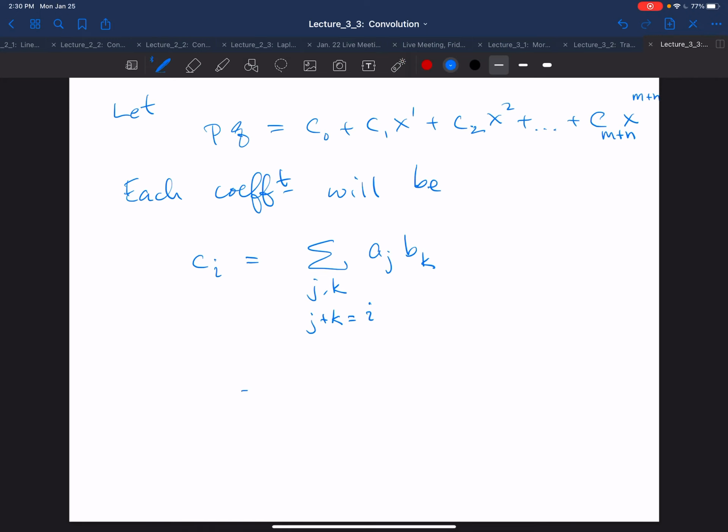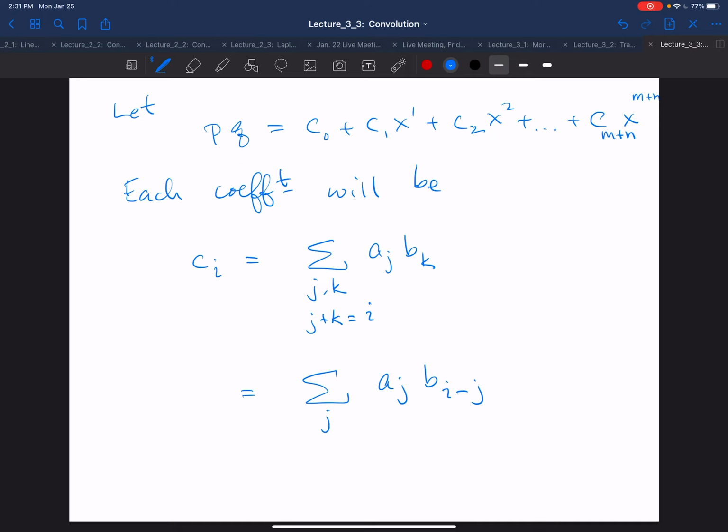We could rewrite this sum a little more neatly. If we're summing over j, for instance, then we really only want to consider values k for which j plus k equals I. So we could multiply just by b of I minus j, and do that over all j.